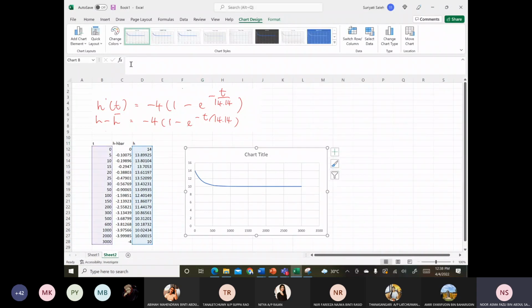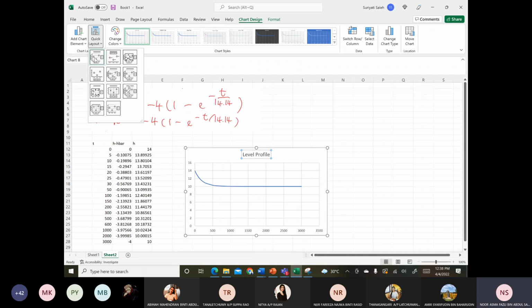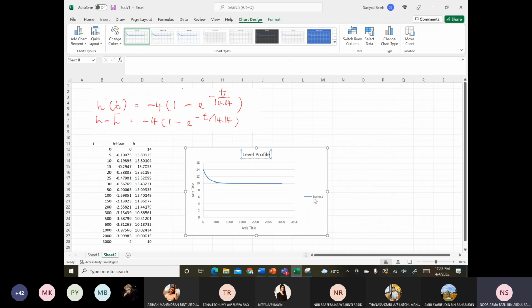Okay, in this case, this is my level profile. Let me include the design a little bit. It's my time, and this is my level.